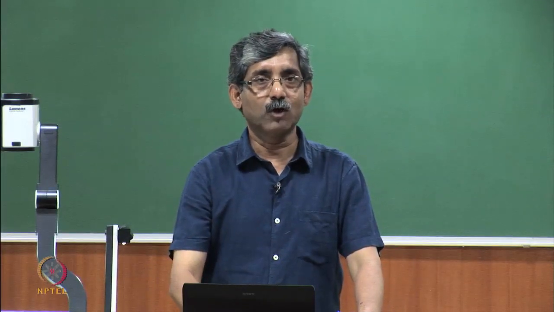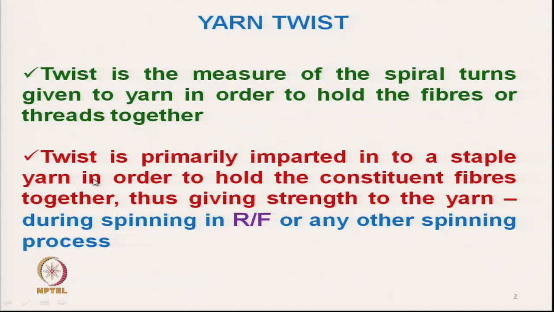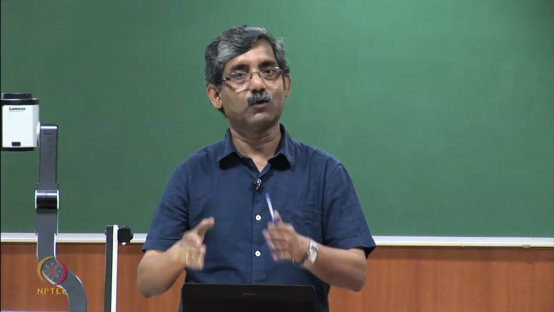So, that is the requirement of twist, and this is primarily imparted to the staple yarn in order to hold the constituent fibers together. Otherwise, there will not be any strength, thus it gives the strength of the yarn. Now, this is given during the spinning process of staple yarn.